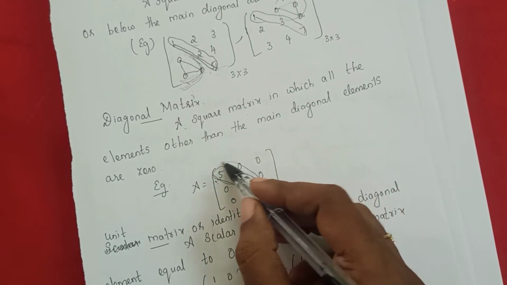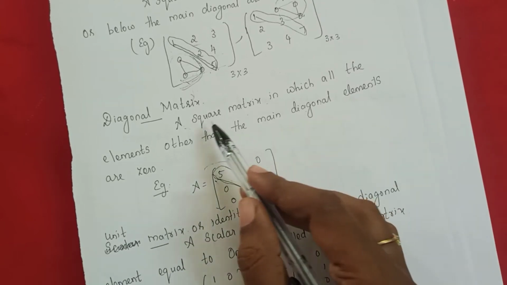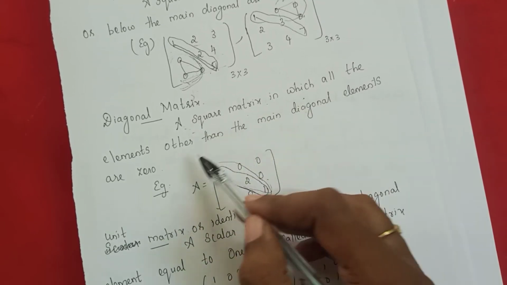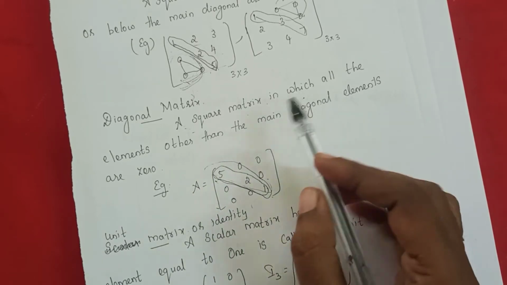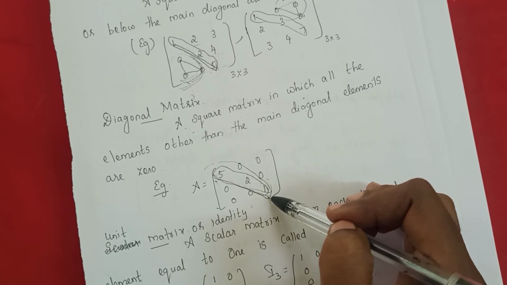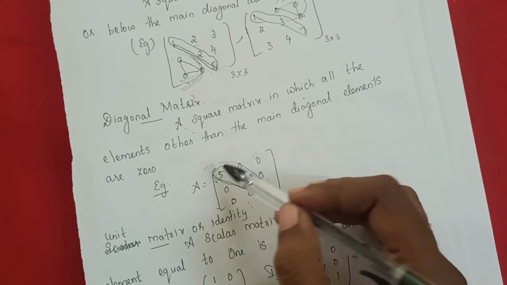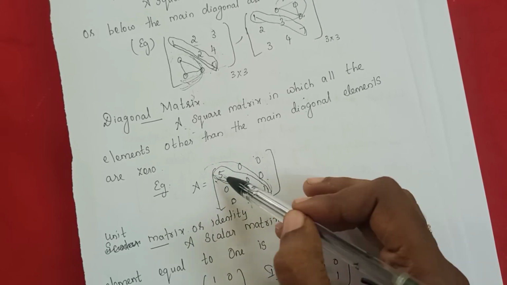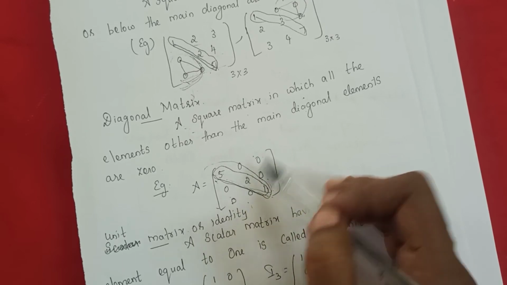Only on the main diagonal there will be some elements. All others are 0. Understand? So see there, these are the diagonal elements. What are the diagonal elements? 5, 2, 1. Except these, all the elements are 0.